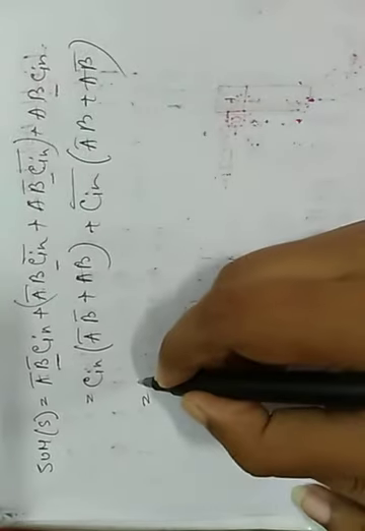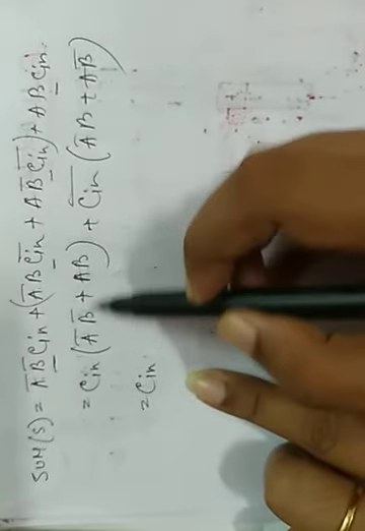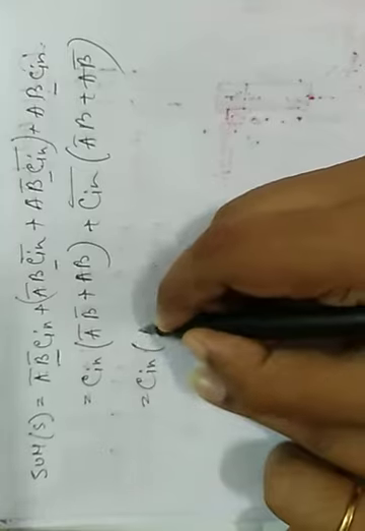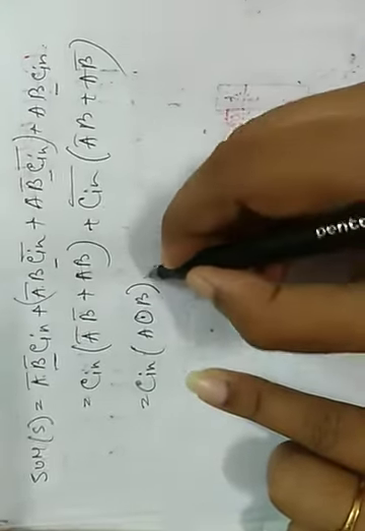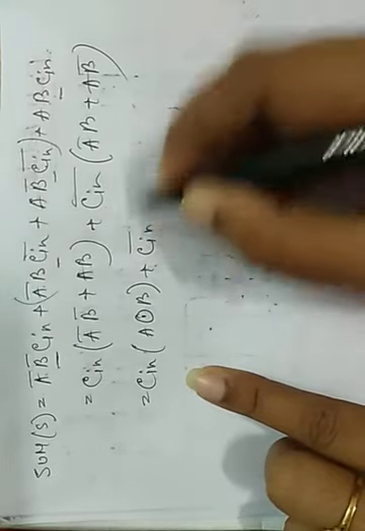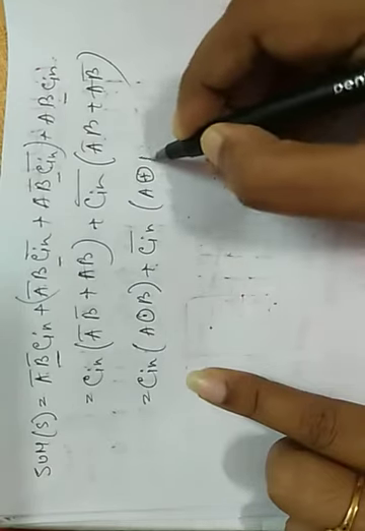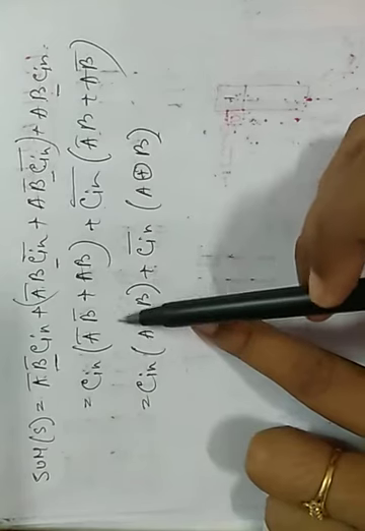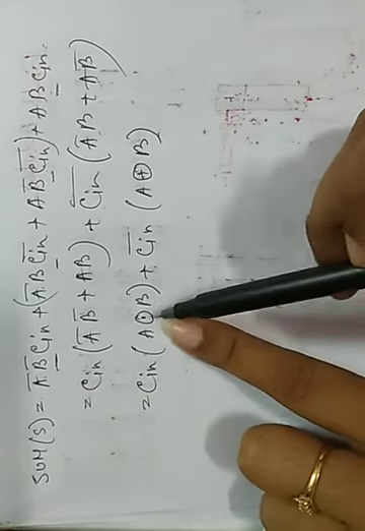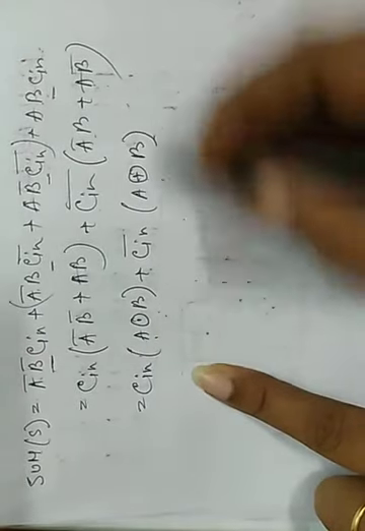Now here you can see that C in times A bar B bar plus AB, this is an expression of an XNOR gate, and C in bar times A bar B plus AB bar, this is an expression of an exclusive OR gate. Okay, A bar B bar plus AB you have done in our last classes. This is for XNOR gate, this is for XOR gate, and we already know XNOR gate is the complement of XOR gate.